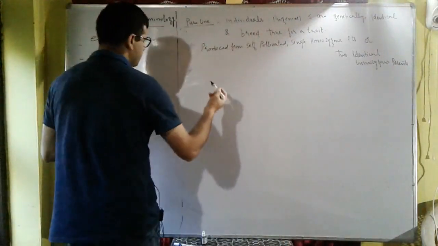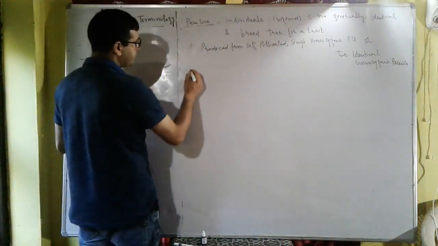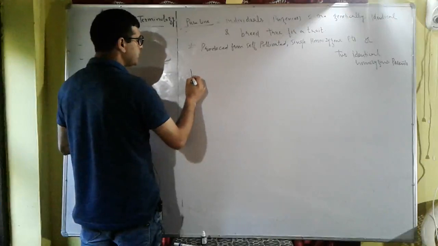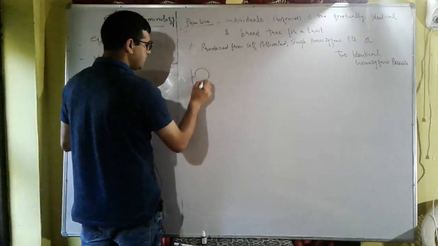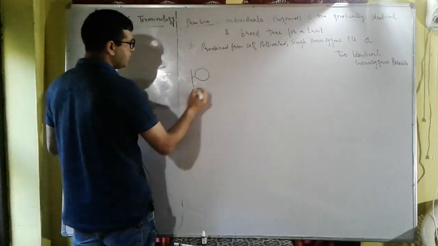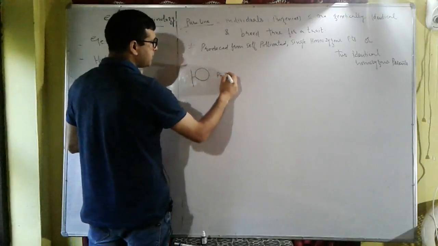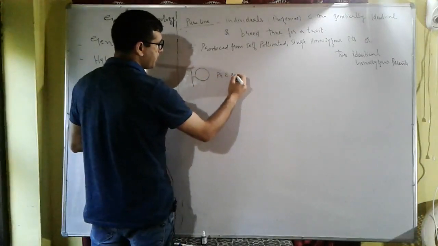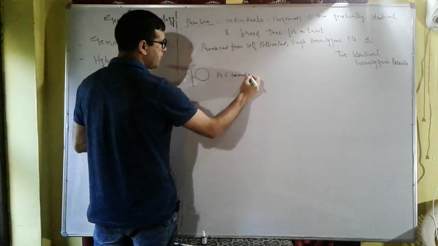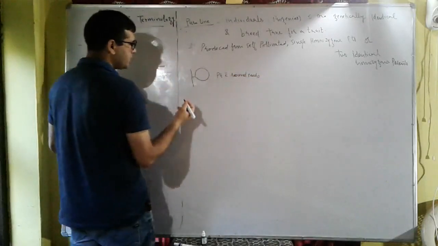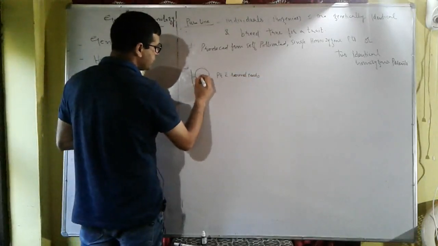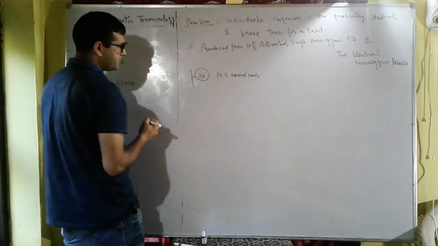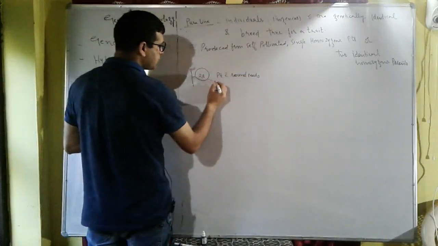I will explain like this. For example, we have a plant with round seeds, and obviously their genotype is capital R, capital R. These are round seeds.